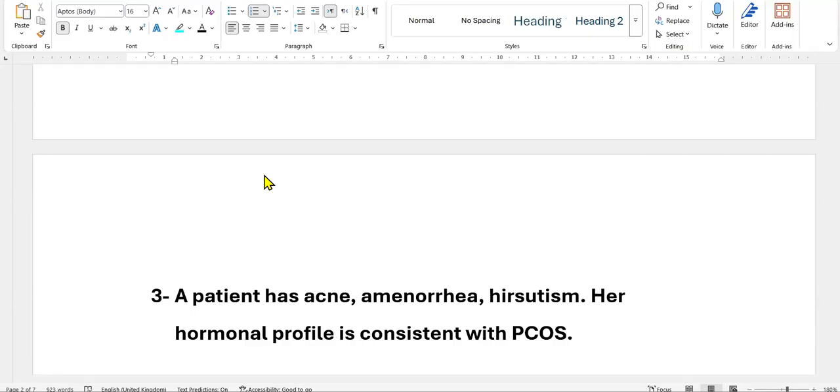This is what we call acne vulgaris. All of this is consistent with the blood analysis. I have it here, the hormonal analysis. I suspect that you're having a condition that we call polycystic ovarian syndrome.